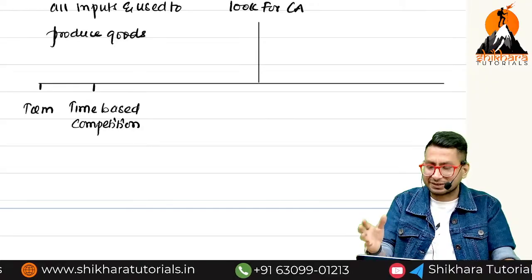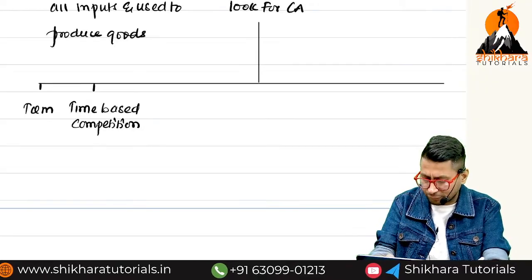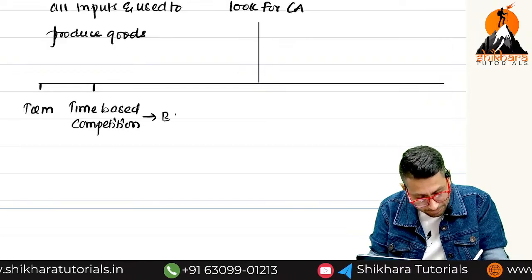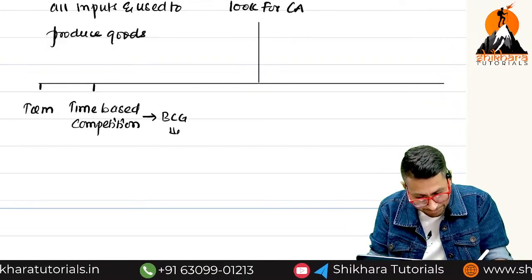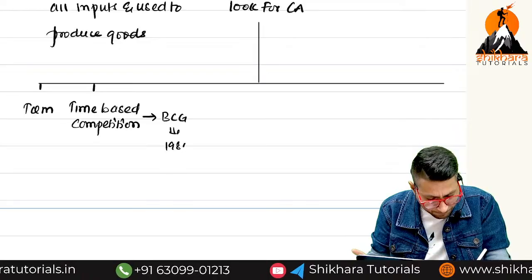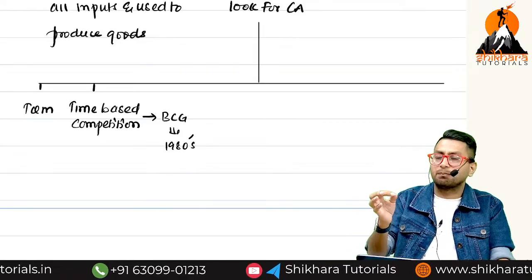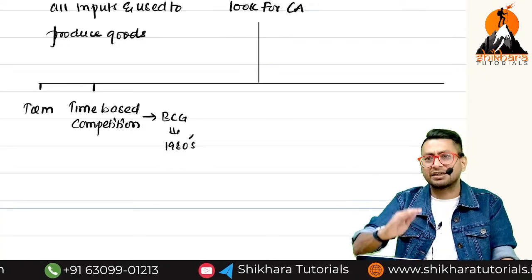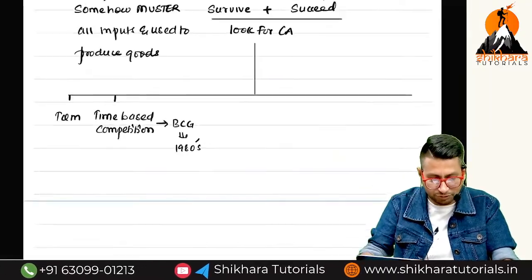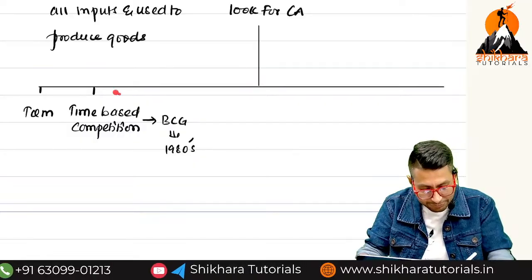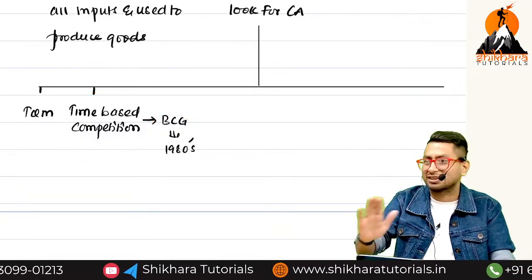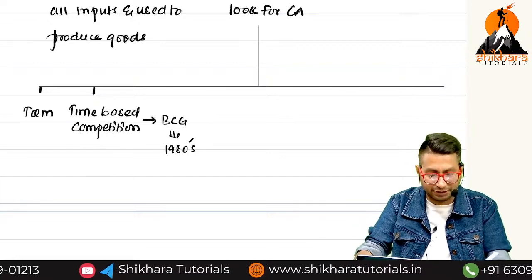This time-based competition concept was created by BCG in the 1980s. BCG is a management consultancy company called Boston Consulting Group. In detail, we will study in SM. As of now, just remember, the concept of time-based competition was used by BCG, one of the largest management consultancy companies in the world, in the 1980s.